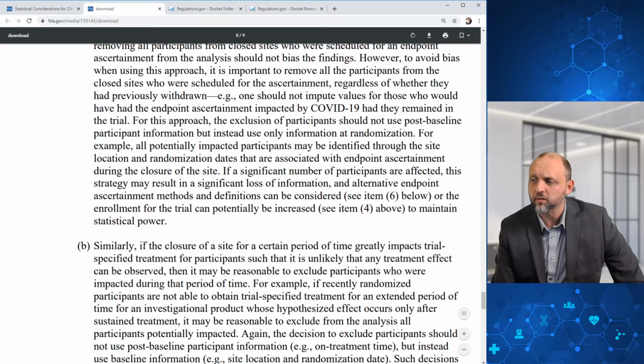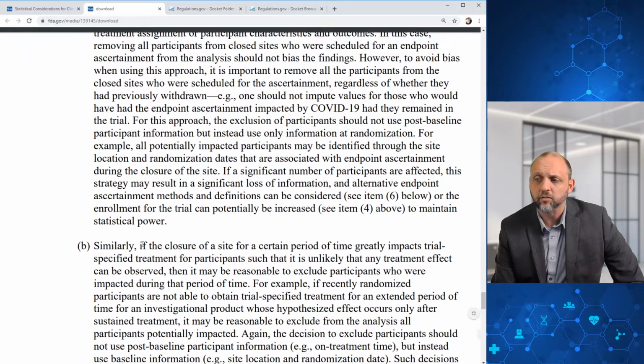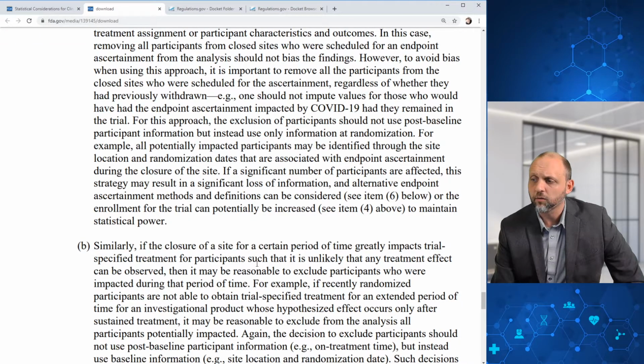If the closure of a site for a period of time impacts trial-specified treatment for participants such that it is unlikely that any treatment effect can be observed, then it may be reasonable to exclude participants who were impacted during that period of time.